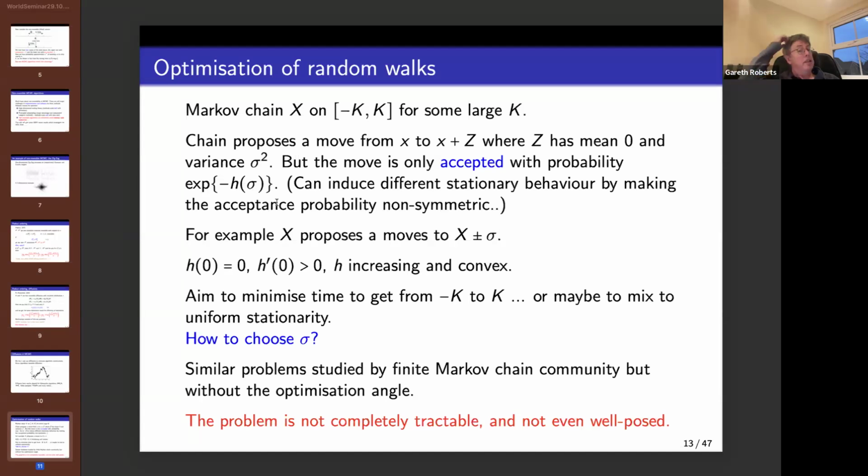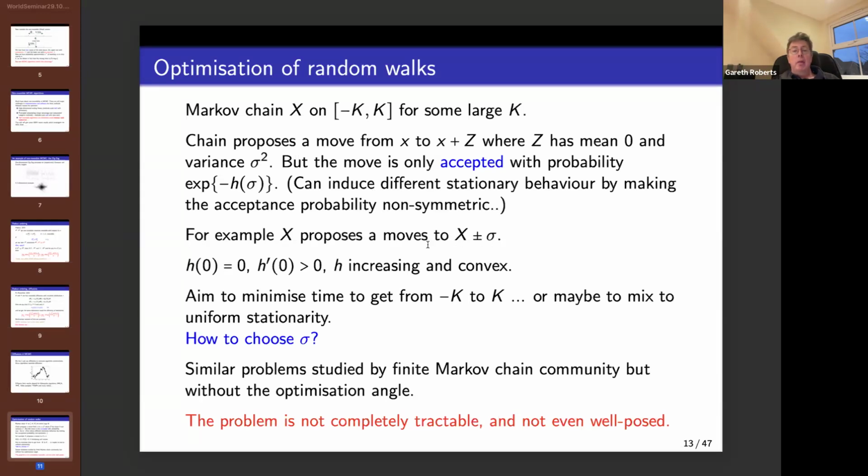This isn't exactly in an MCMC context yet, but it is much closer to the idea that when we make larger moves, we're more likely to reject them. So it's a scaling problem about how big we should attempt to make these moves. The simplest example, and in fact all we'll need for the simulated parallel tempering example, is where X proposes a move to X plus or minus sigma.